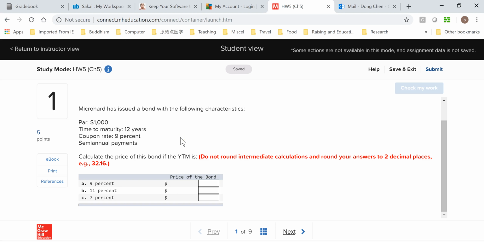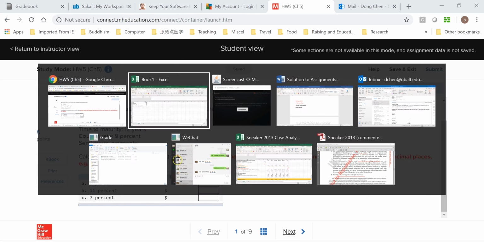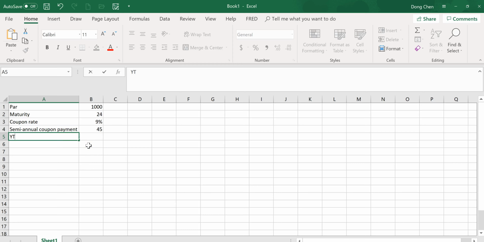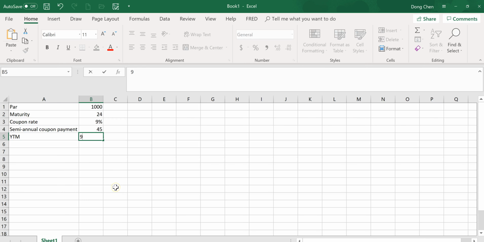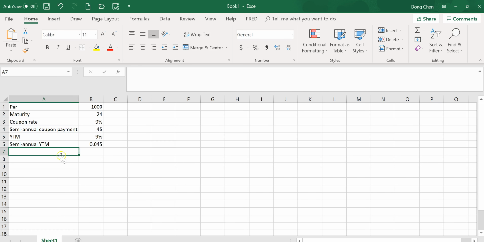Now the question is asking what is the price of the bond if the YTM turns out to be a different number. So the first number is 9%. Again, by default, this 9% is the annual YTM, but we need to get the semi-annual YTM. So semi-YTM is simply this number divided by 2.